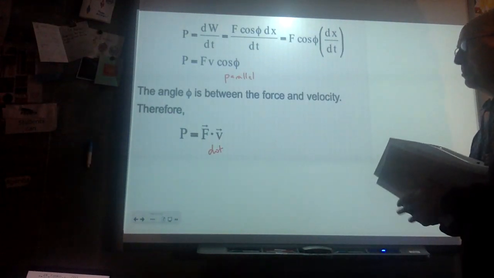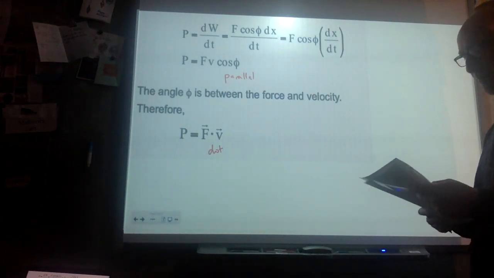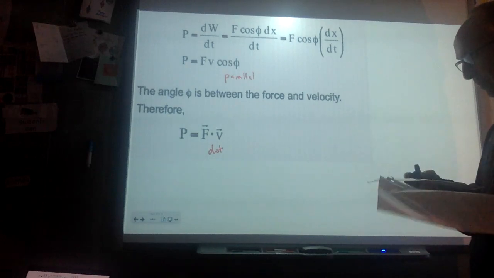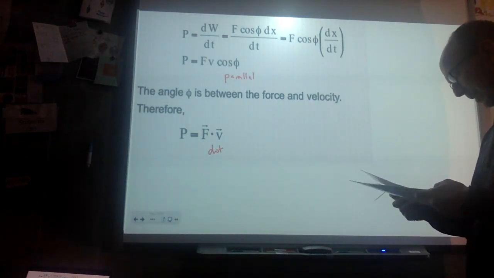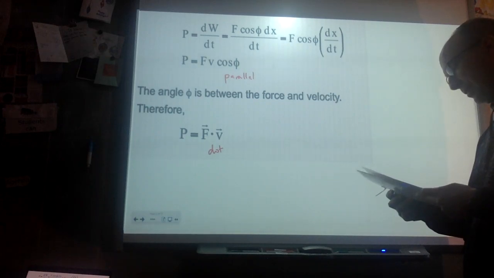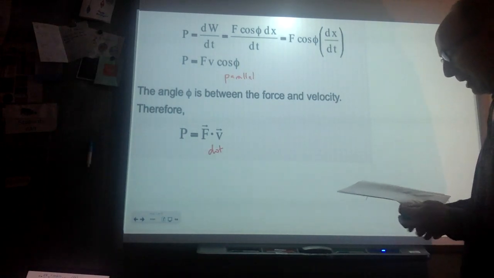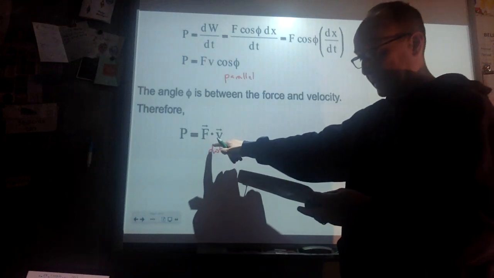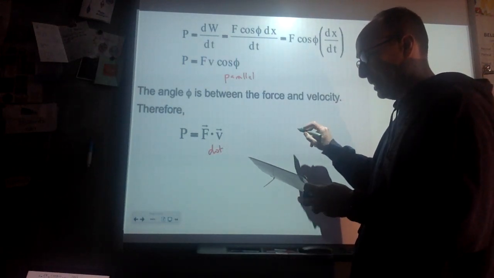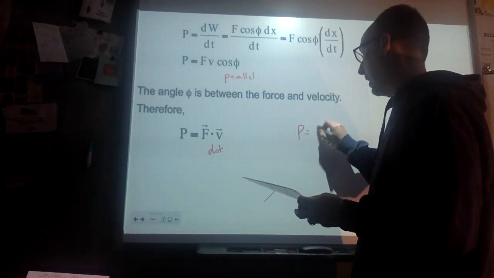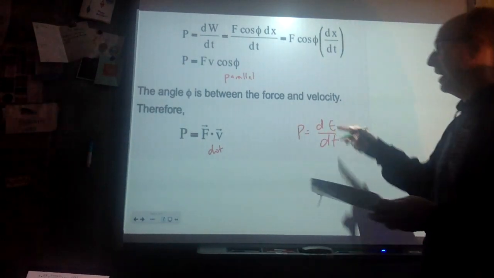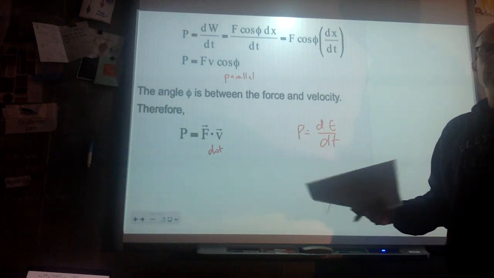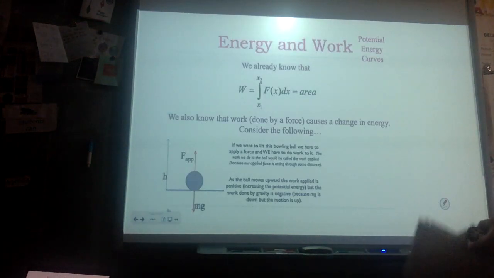And those are the only 2 dot products you guys have, but there's more in magnetism if you go on to study that. I just want to see how power shows up on here. They have power on your equation sheet written as the dot product of the force and the velocity, and then also as the derivative of energy with respect to time. And again, energy and work can be interchangeable.